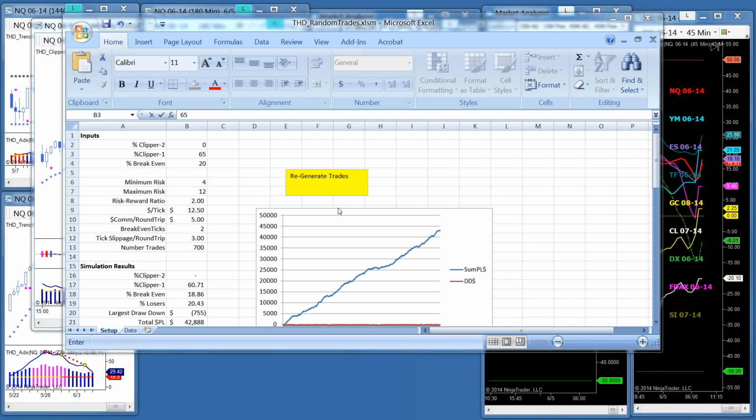All right, that's what I thought it was. And what's your break even, Pam? Are you allocating anything for break even trade? 8, okay. What's your maximum risk? 6 ticks. All right.